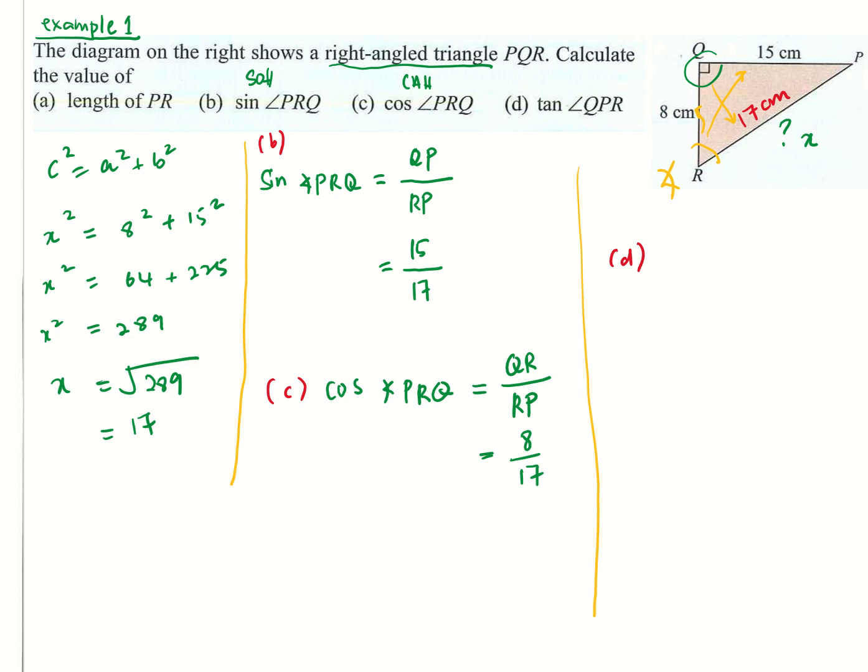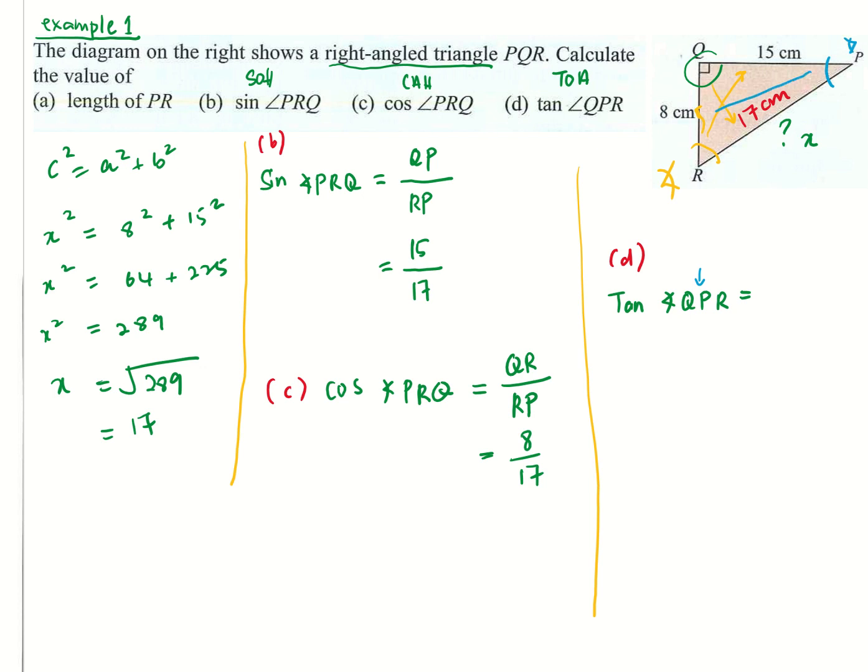Tangent QPR. We knew that tangent is TOA. So write as tangent angle of QPR equal to, this time our eyes is at P, because P is at the middle, meaning that this is the angle.